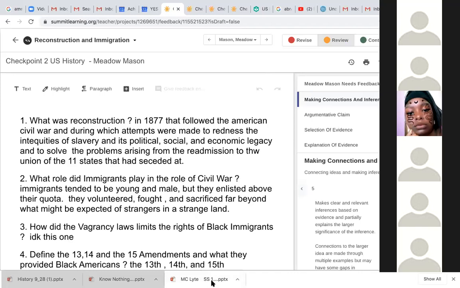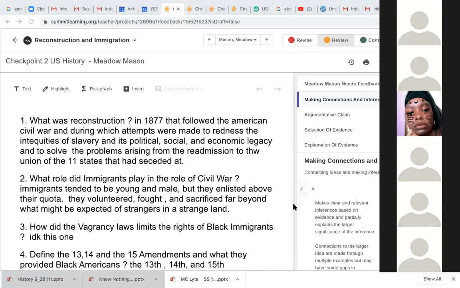So Ahmad, what you need to do is, if anything is highlighted with a comment, go back and change what I'm asking you to change. I'm not asking you to resubmit the entire assignment. I'm only asking you to resubmit things that I don't think are complete or that need a little bit more work. Does that make sense?